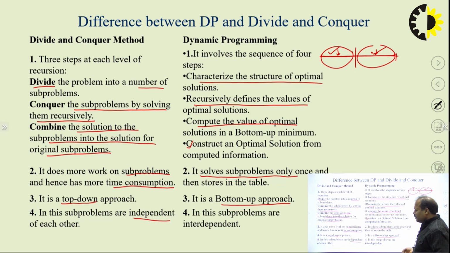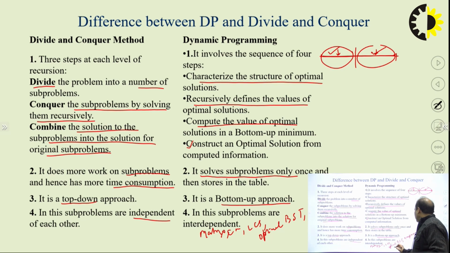There are many algorithms which can be solved by dynamic programming, like matrix chain multiplication, longest common subsequence, optimal binary search tree, and one very good problem, the knapsack problem.